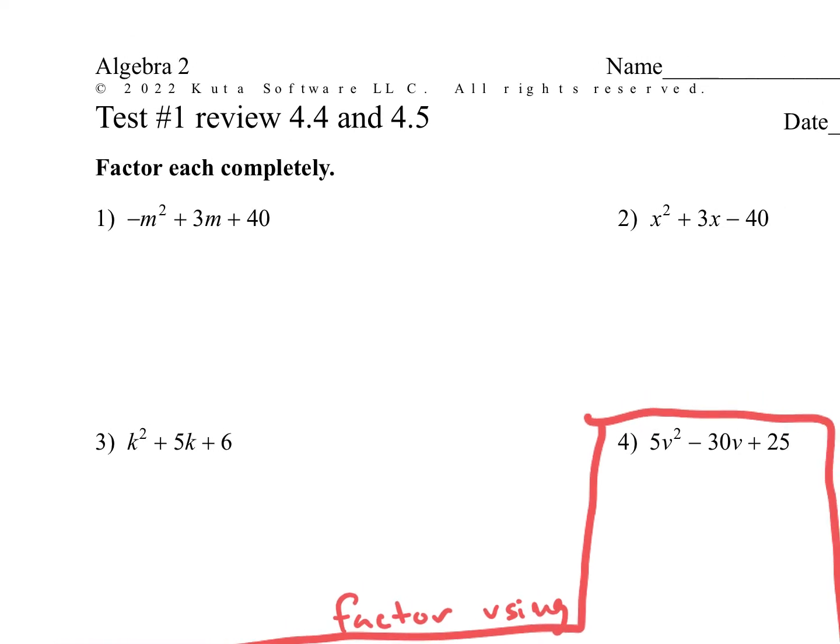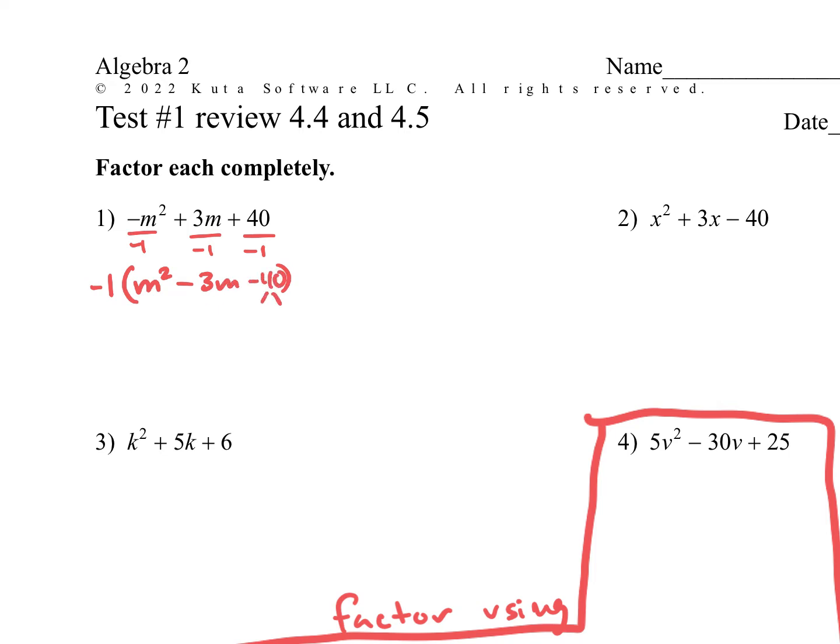So looking at number 1. Here we factor normally, but the difference is we have a negative out front. So what do we have to do if you have a negative out front? Divide everything by -1, but if we take out a -1, we have to put it on the outside. And then I change the sign of everything on the inside. So m squared minus 3m minus 40.